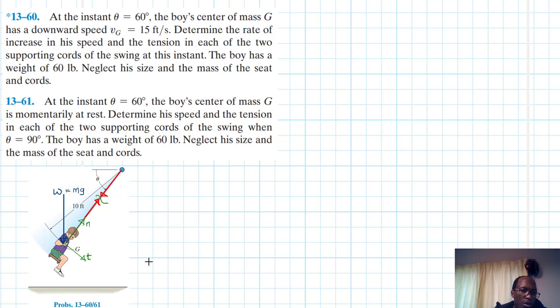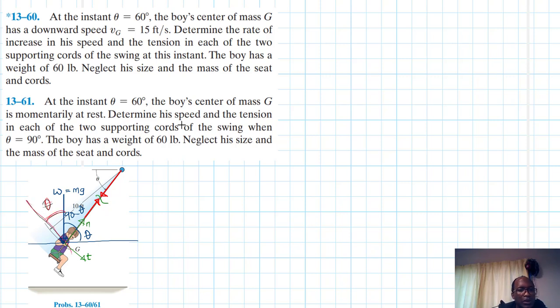If I draw a vertical line like this, then we know this is our theta here, and this one here becomes 90 minus theta, and this other direction here becomes theta. This becomes theta also here.